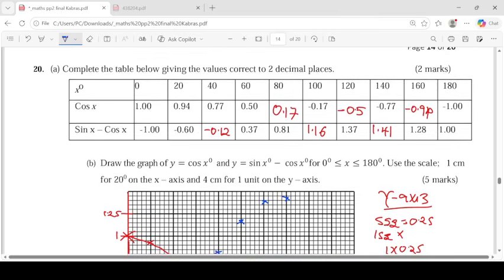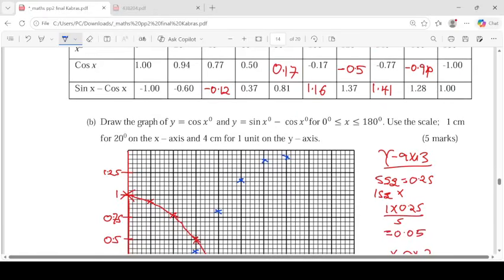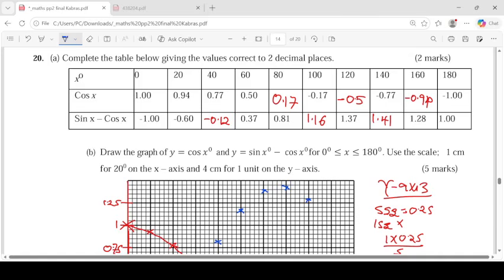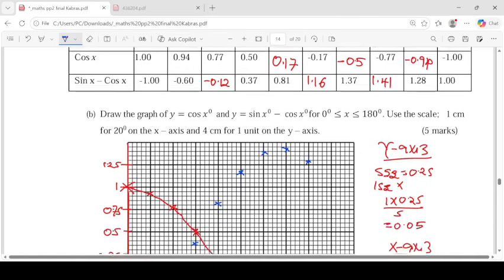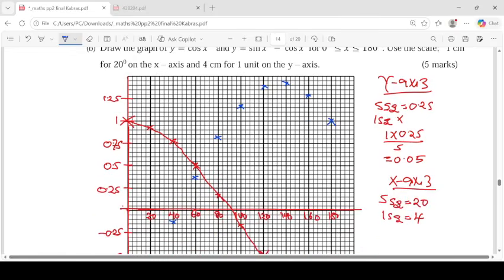Then at 160, 1.28, that is 25.6. Then 180 is at 1. Like that. So let's now draw the curve. I hope you can see the pattern it's taking.